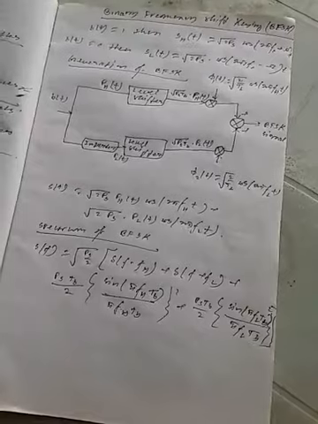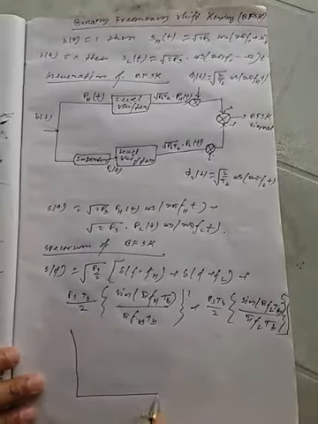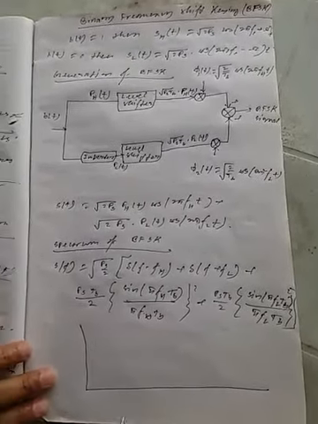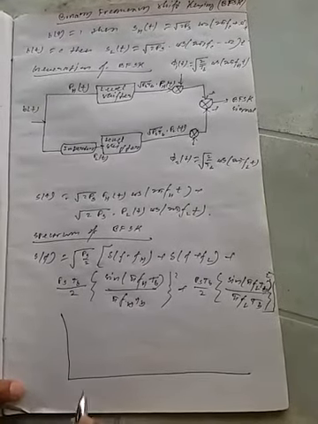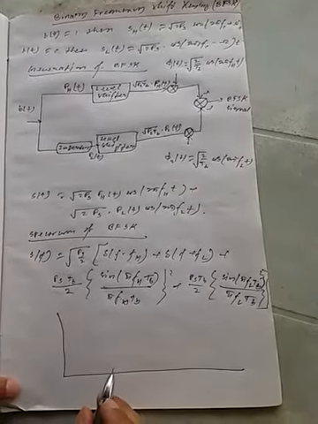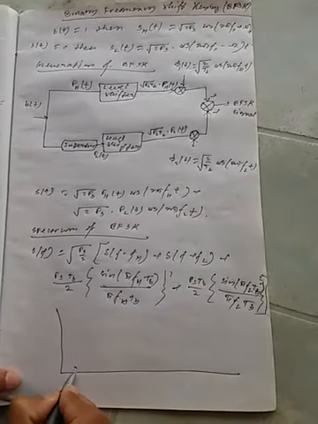Okay, now the spectrum of the BFSK signal looks like this. So originally, if the amplitude of the original signal is this, it looks this way. So the signal will look like this.